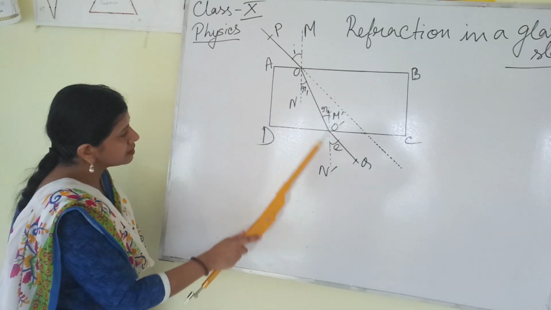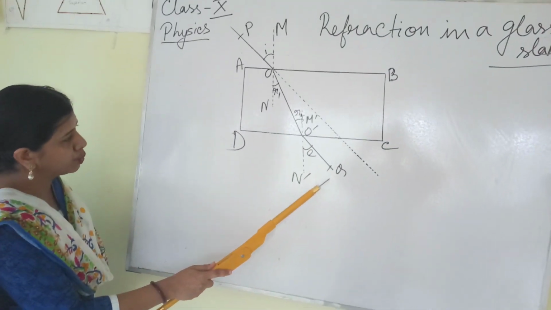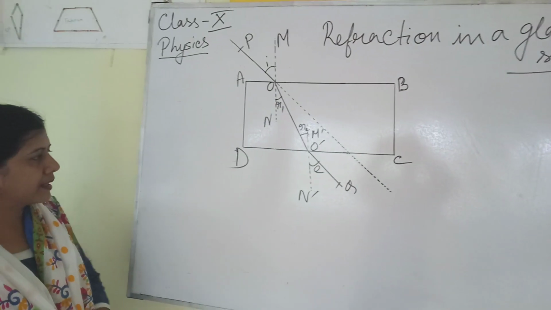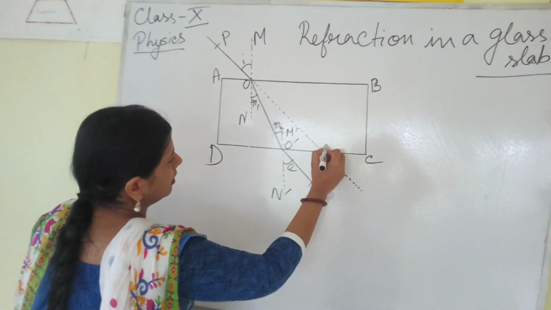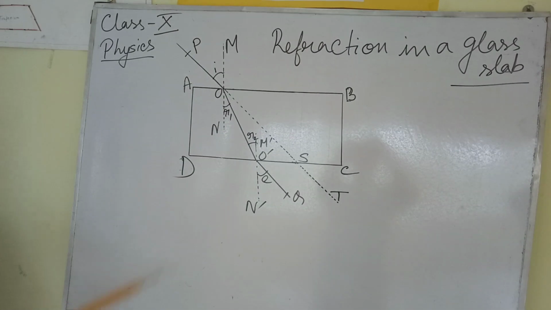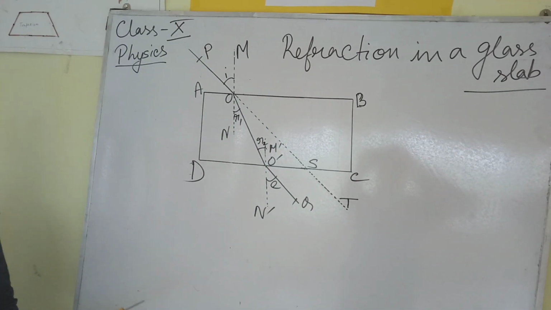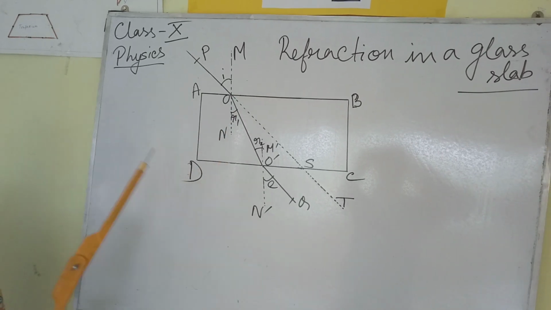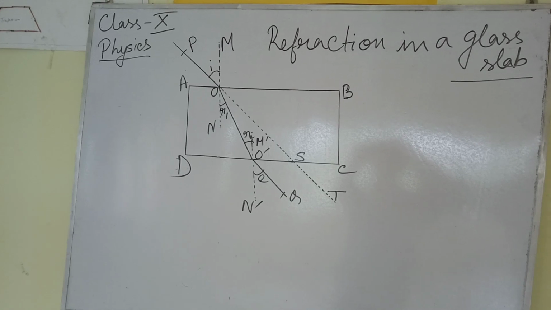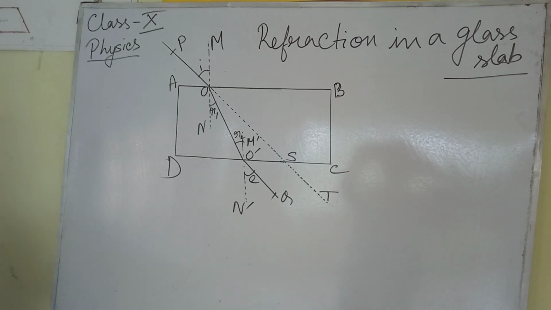Now the emergent ray, that is O dash Q, and this one are parallel to each other. If I give a name here, S and T, then ST and O dash Q are parallel to each other. From the figure it is clear that they are parallel, but how to prove that they are parallel to each other?